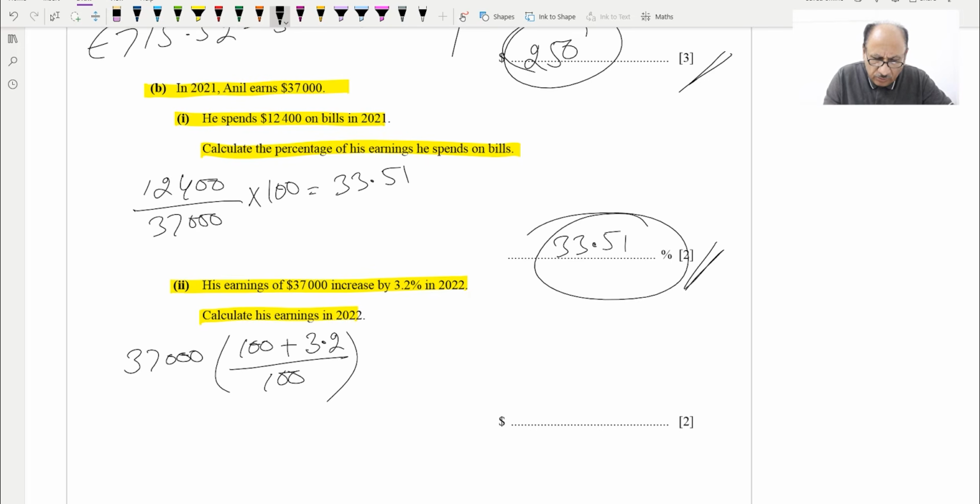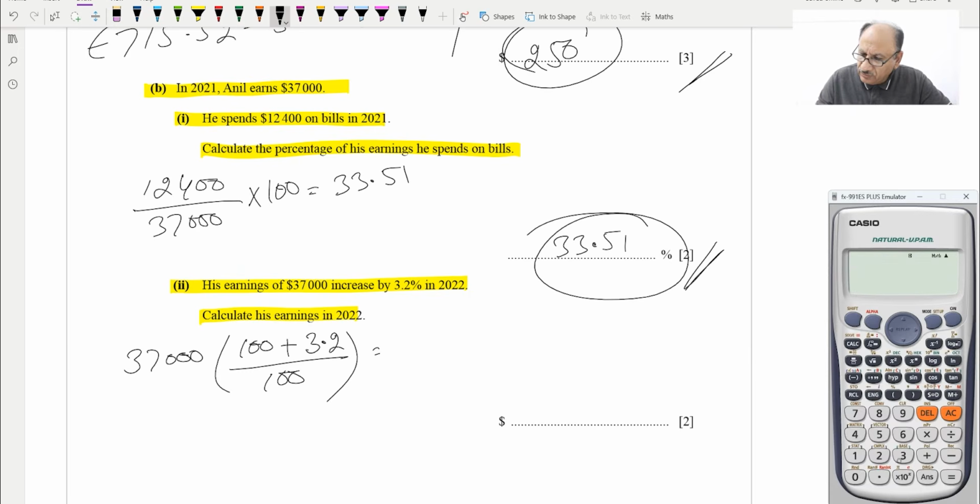This is how we calculate percentage increase, and this will be equal to 37000 multiplied by the fraction (100 plus 3.2) over 100, and this gives us 38184.